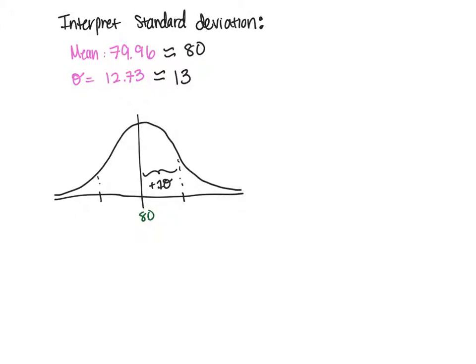Well, the standard deviation here is 13. So if I add 13 to the mean, which is 80, 80 plus 13 gives you 93. Whereas the other end of it, 80 subtracted by 13 gives you 67. No, not 77, 67, my bad.